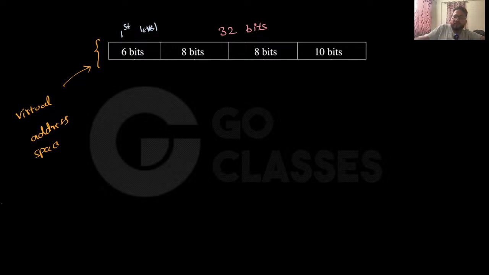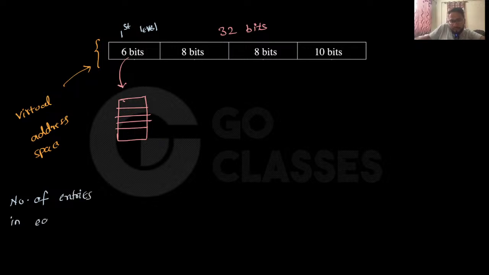Now tell me, how many page tables, or let me just call it chunks, are there in this first level? Each chunk will have, this 6 will tell you how many entries are there in each chunk. So the number of entries in each chunk is one thing.